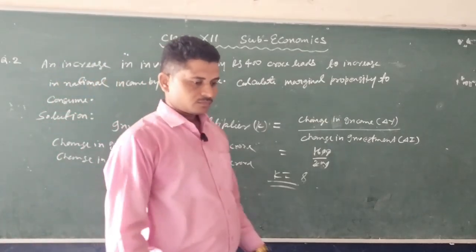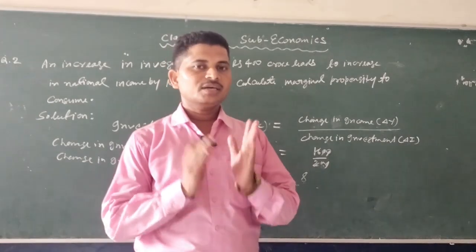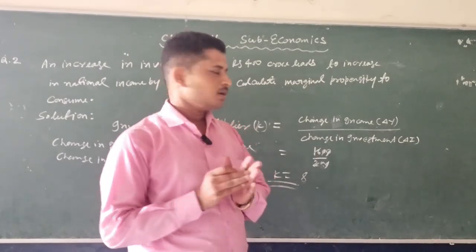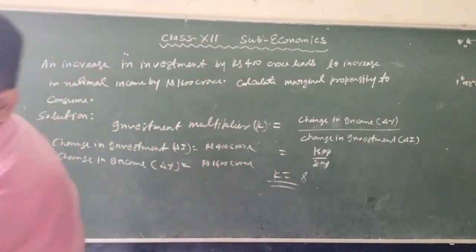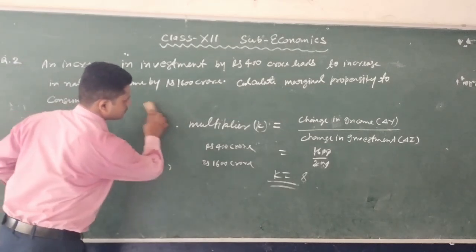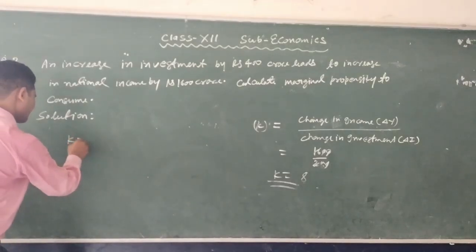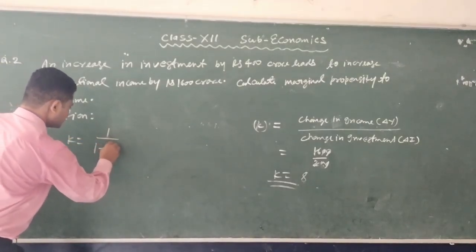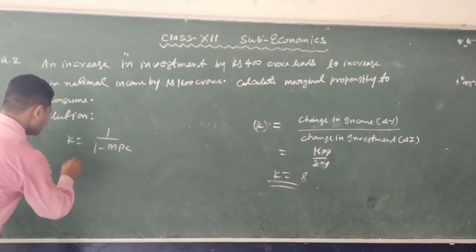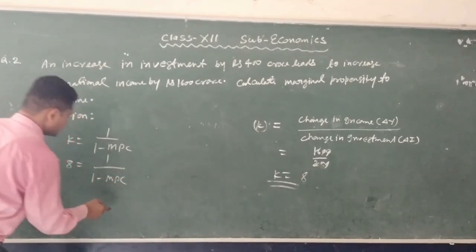We know the relationship between multiplier and marginal propensity to consume. Investment multiplier K equals 1 upon 1 minus MPC. The value of investment multiplier is 8, so 8 equals 1 upon 1 minus MPC.